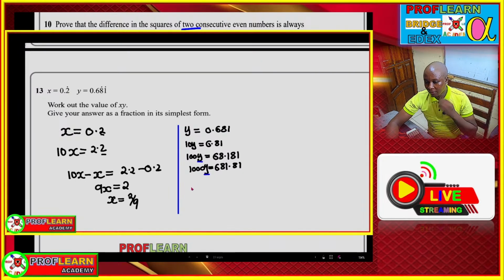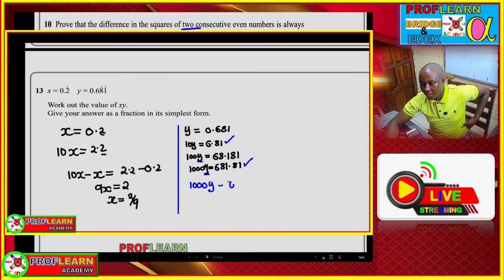So you can see when you are having 1000y and 10y, the digits after the decimal are the same. So if you subtract, you're going to have 0 after the decimal, and that's actually what we are targeting.